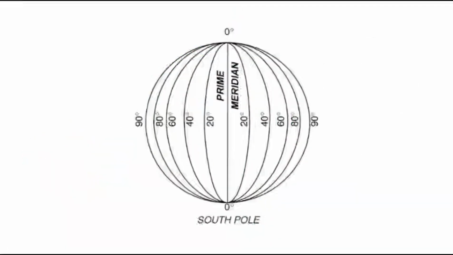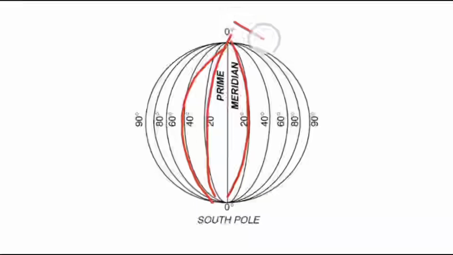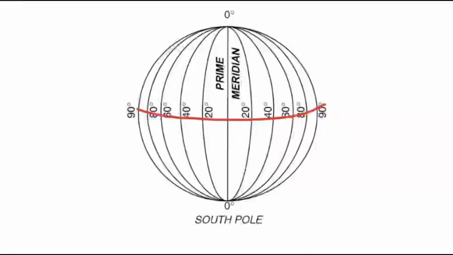Then we studied two characteristics, isn't it? Each longitude will be of equal length, so all these lengths will be equal. Why? Because they are all connecting the same two points, the north pole and the south pole. One more thing: this is the equator. The distance between two adjacent meridians here will be more compared to this distance.